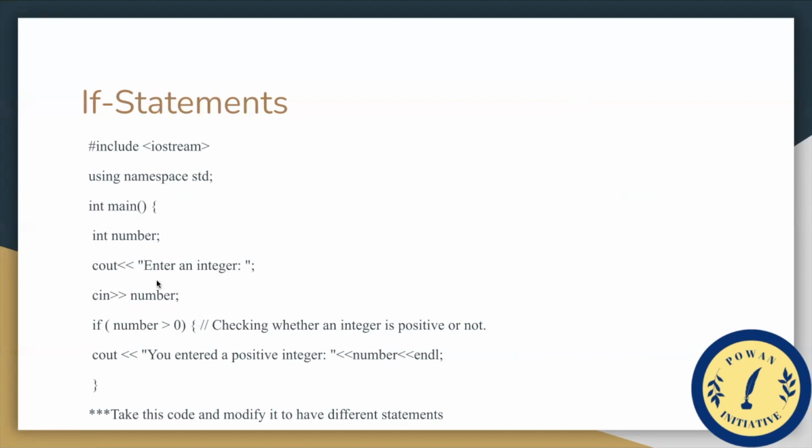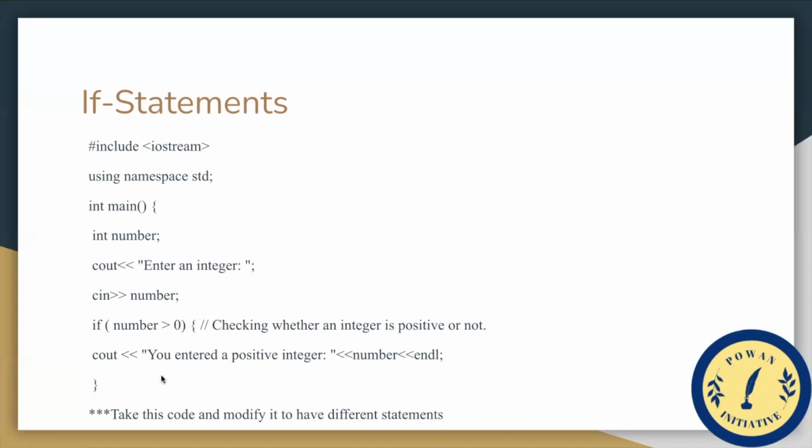So if whatever our user inputted for the number is greater than 0, we execute the code here. If not, then we just go outside of this bracket. We do not even go through this. The compiler will skip everything in these brackets. So let's just say our number is 10, so it is greater than 0.